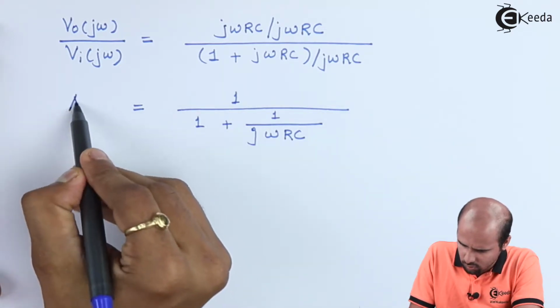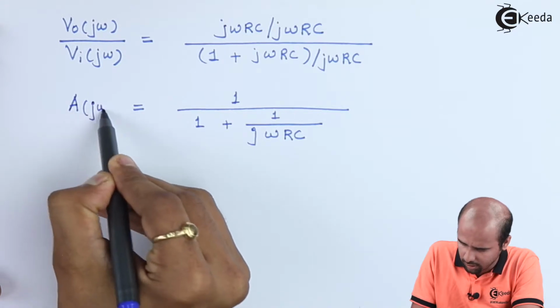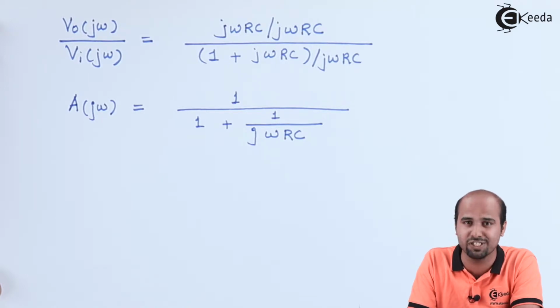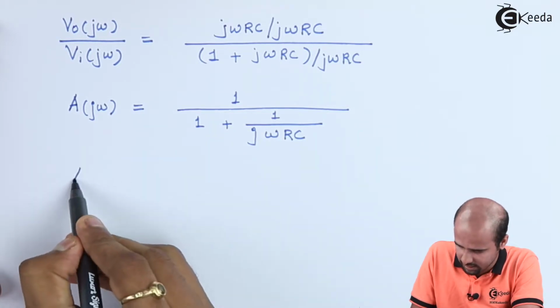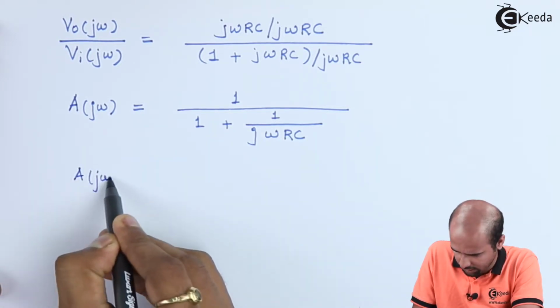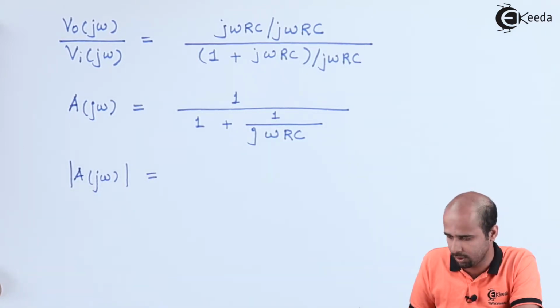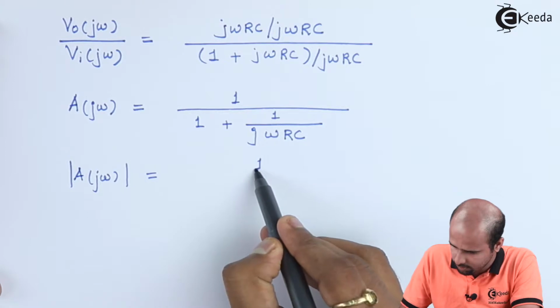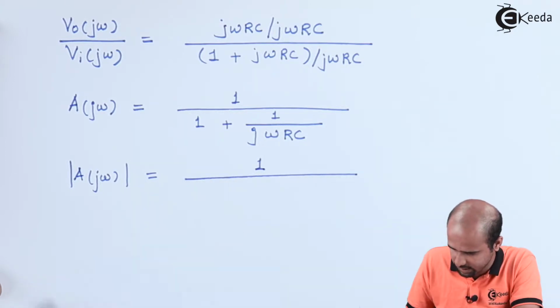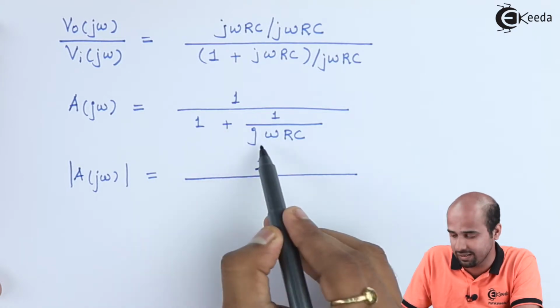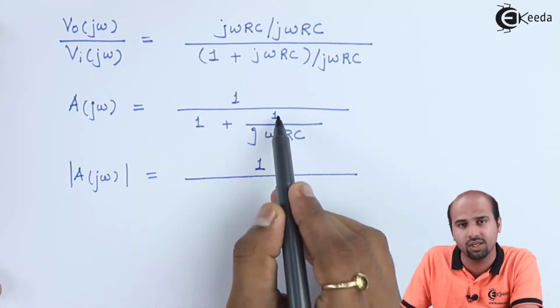And this is now the gain, which is nothing but a function of frequency. Now we have to determine the magnitude of the gain with respect to change in the frequency. Then the magnitude of A of J omega is nothing but 1 as it is, and here the plus becomes minus if we take this j at the numerator.